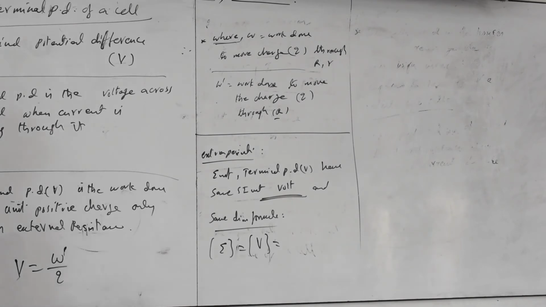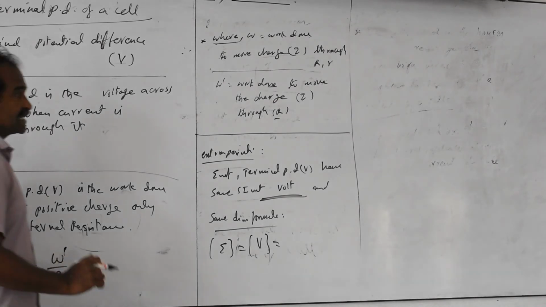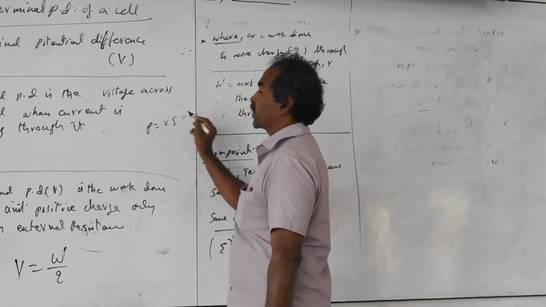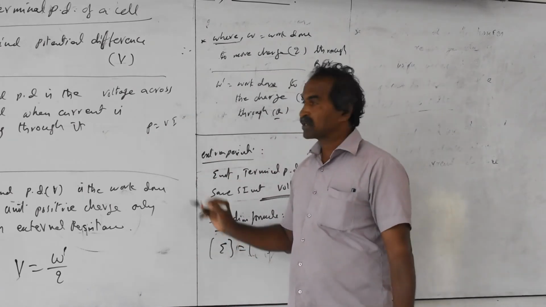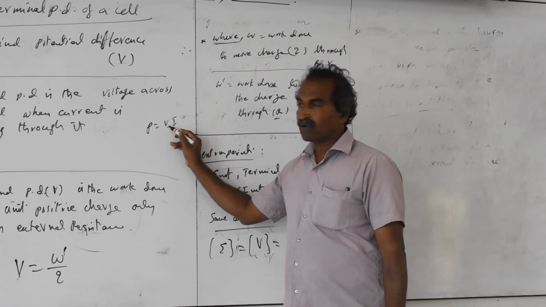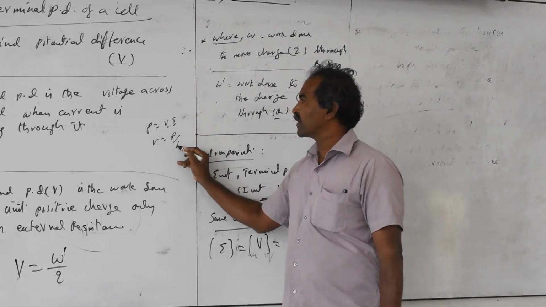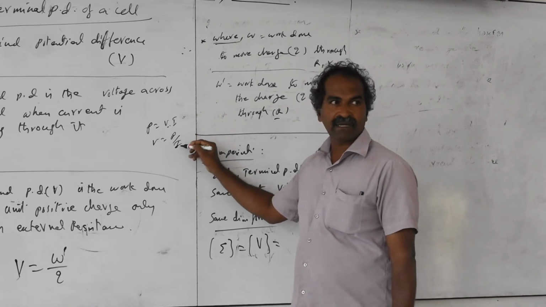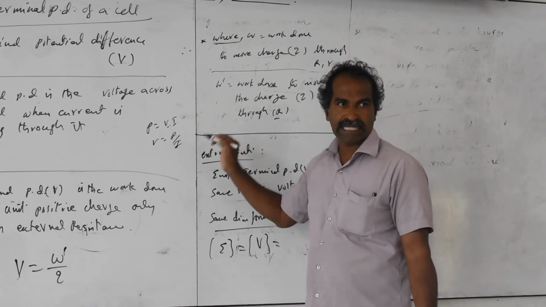And if you don't remember the dimensional formula of this, we can use the dimensional formula of power, which we discussed in the previous class. Electric power equals voltage into current. I want the dimensional formula of the volt V, then V equals P by I. So power by current, the dimensional formula can be remembered easily.